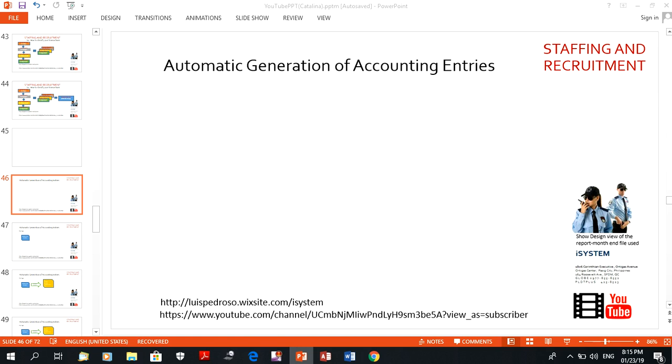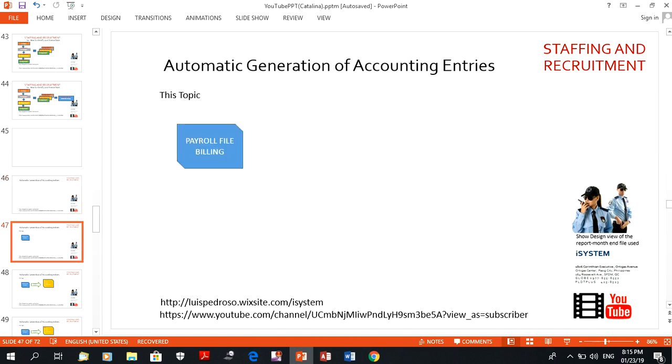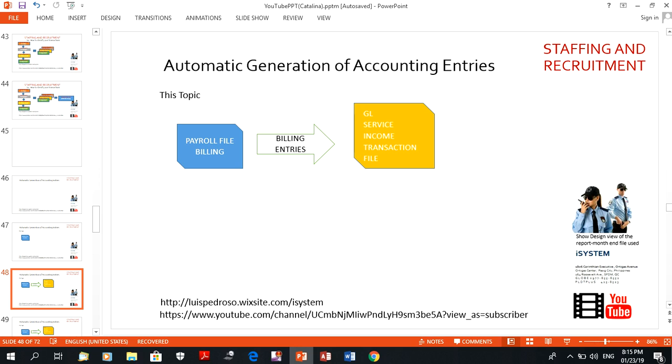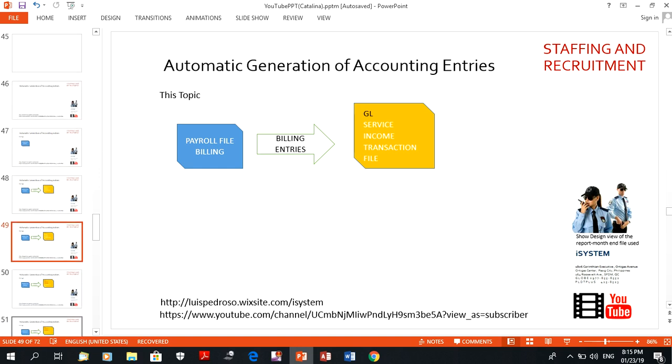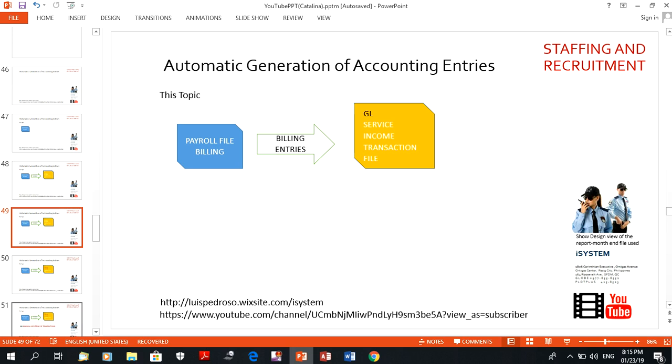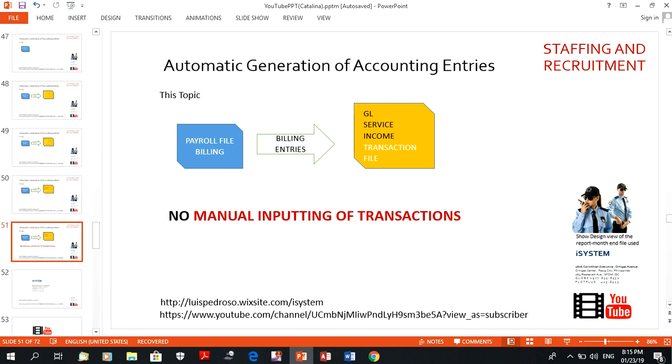Okay, we begin with the payroll file, where the entries will come from. The payroll file will create billing entries, and it will be sent to the GL, the general ledger, or the GL service income.